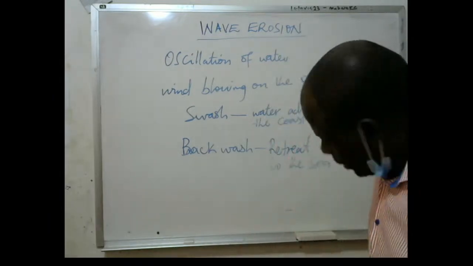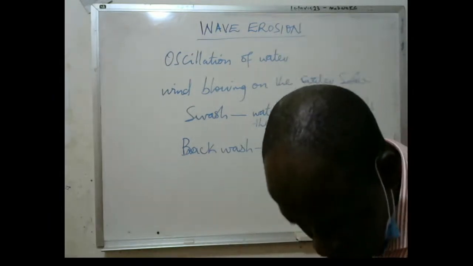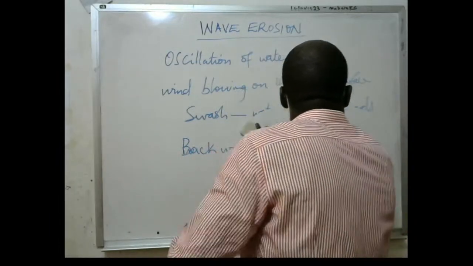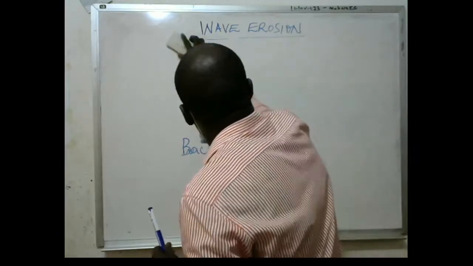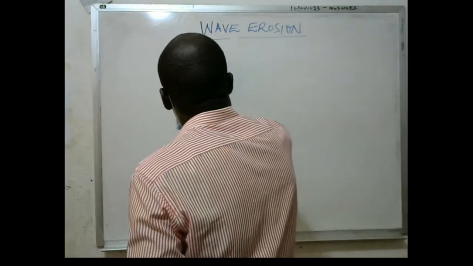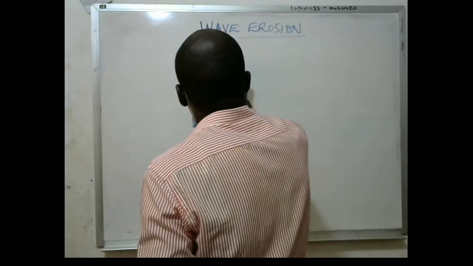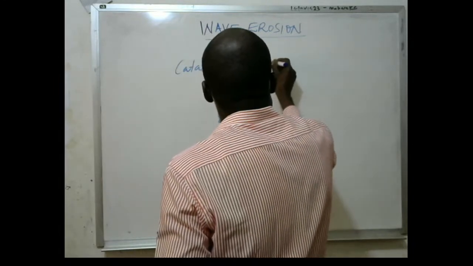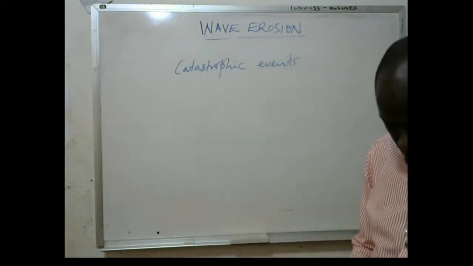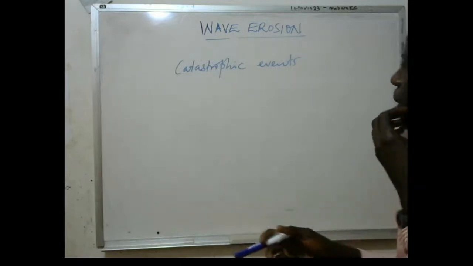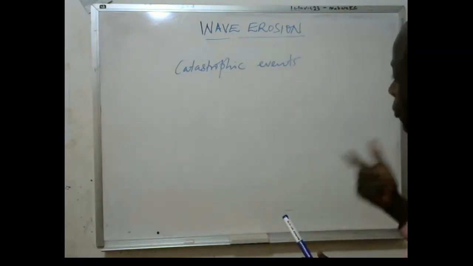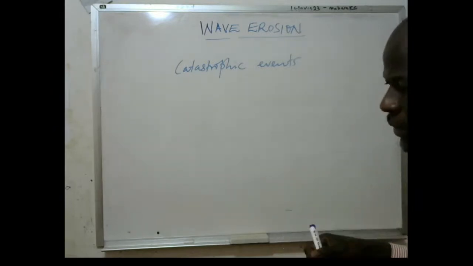One of them is catastrophic events. What are these? For example, recently we had the catastrophe in the DRC of Nyiragongo Mountain erupting. That is a catastrophic event.